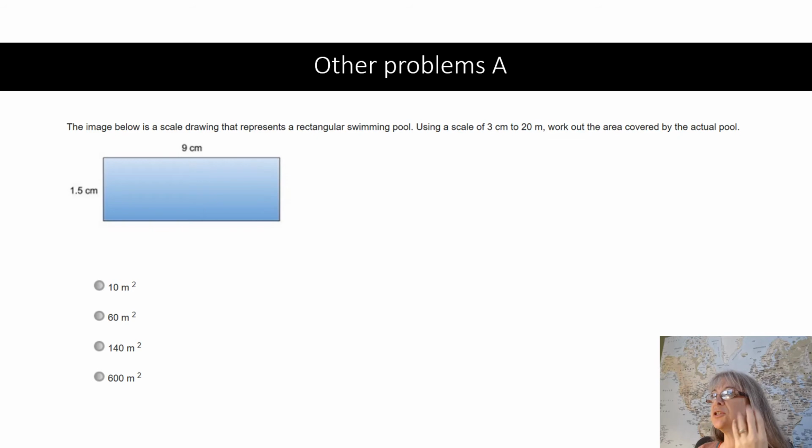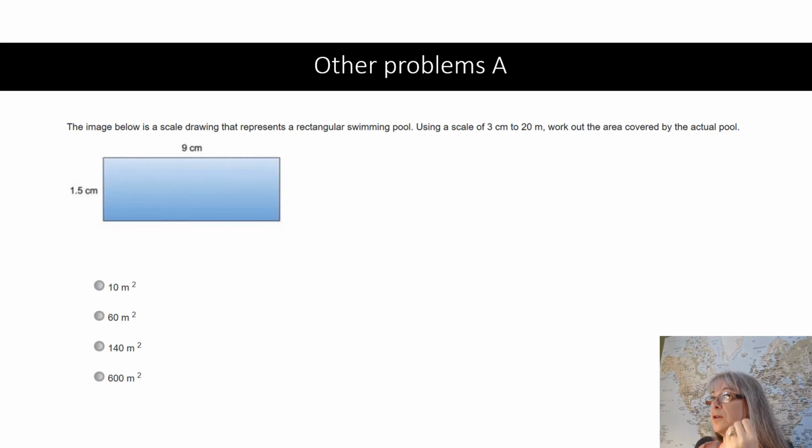Okay, so this is like a similarity problem, only it has scaling. So in this it says use the scale of 3 centimeters is 20 meters. So we would have to convert the 9 centimeters and the 16 centimeters to the scale factor and then find the area.